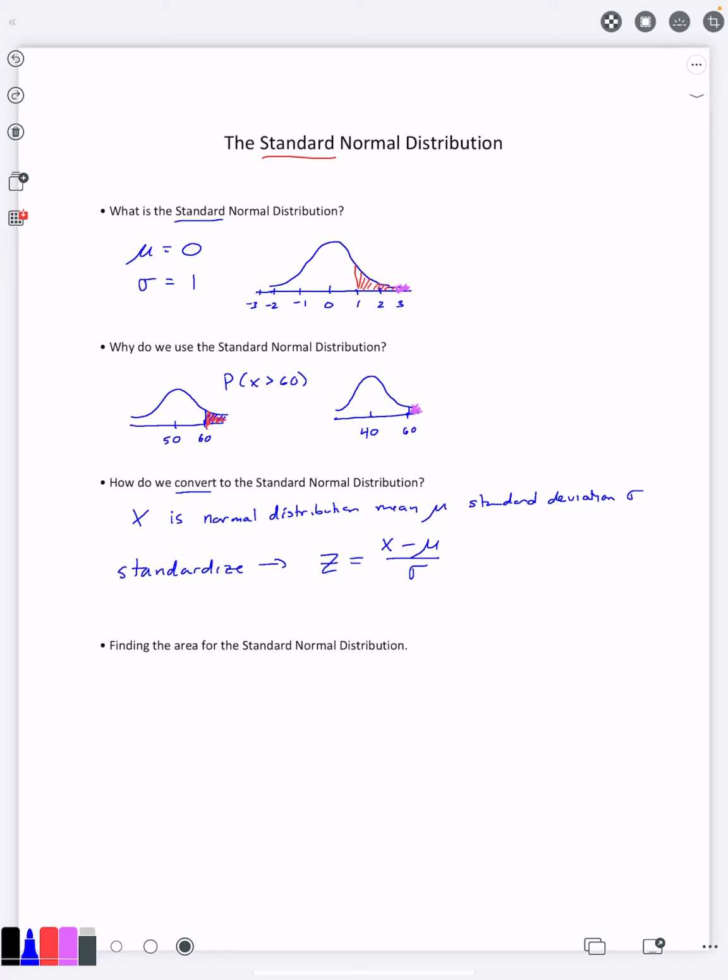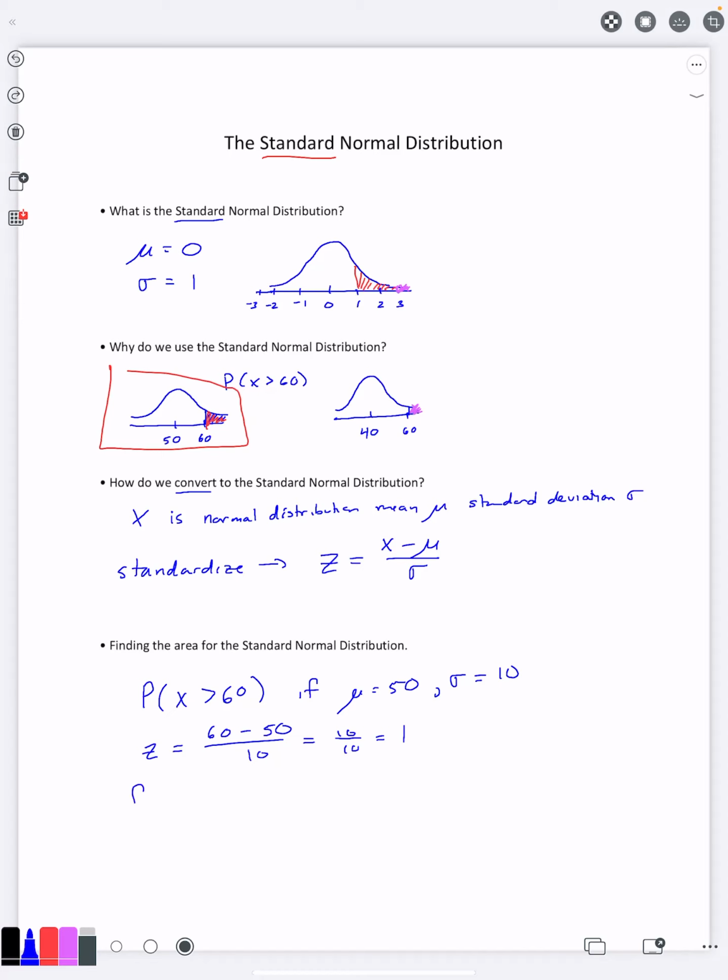Let's find the probability that x is greater than 60 if your mean is 50 and your sigma is 10. So this is actually this exact problem right here. So what we would do is we would calculate our z-score. We would take the x value of 60 minus the mean of 50 divided by the standard deviation of 10. That gives me a z-score of 1.